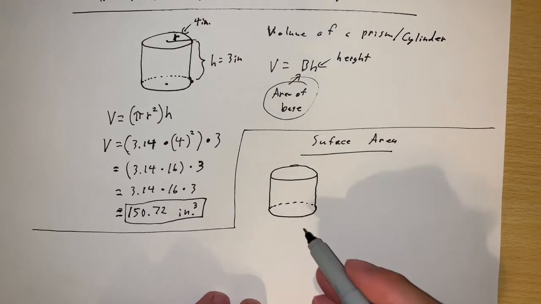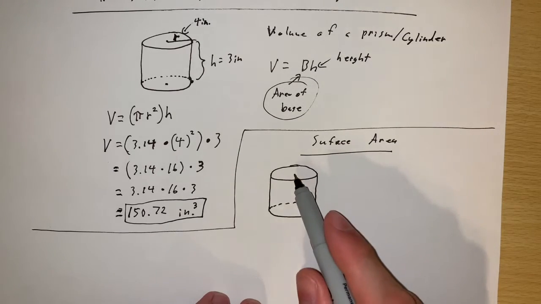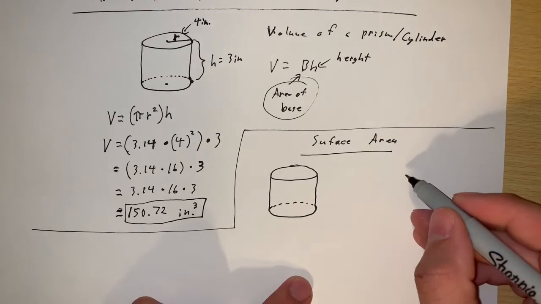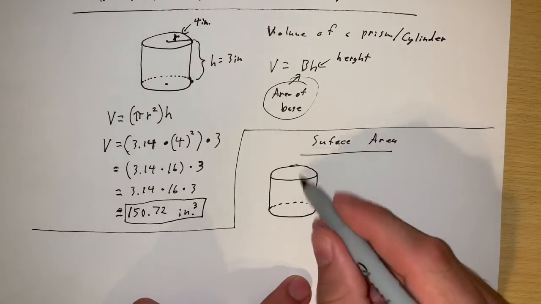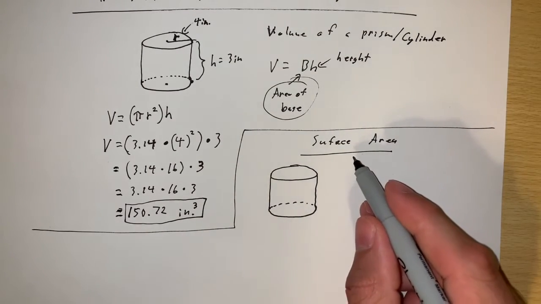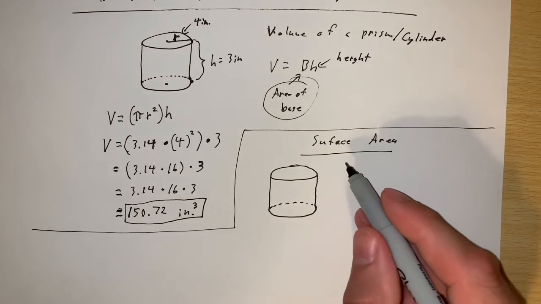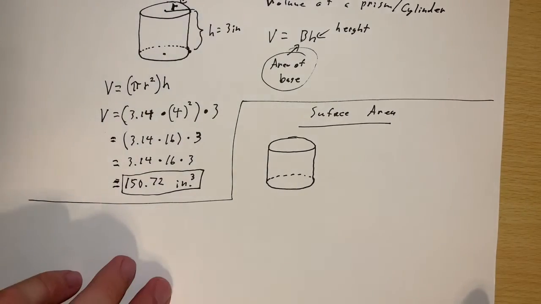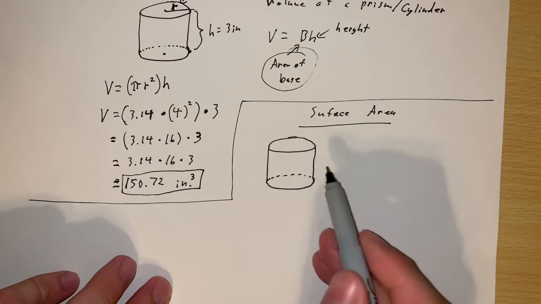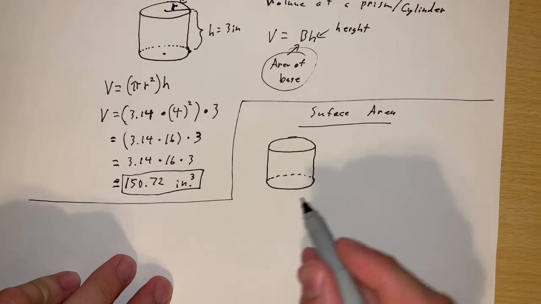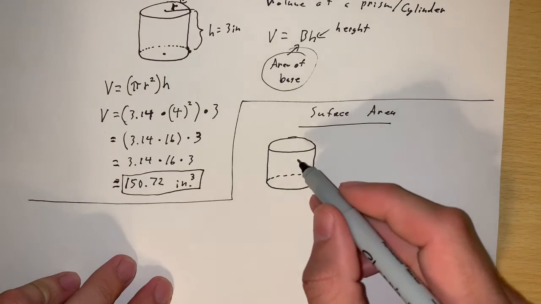The top face and bottom face are the bases. Those are both circles, so we have two circles that we need to find the area of. Remember, surface area is finding the area of all the faces of a three-dimensional figure.